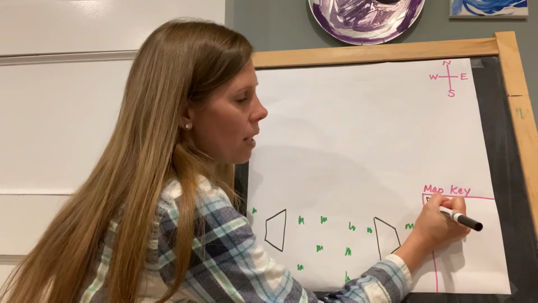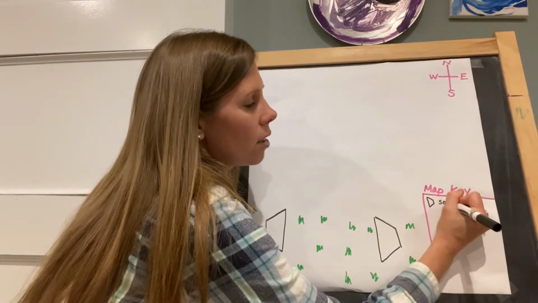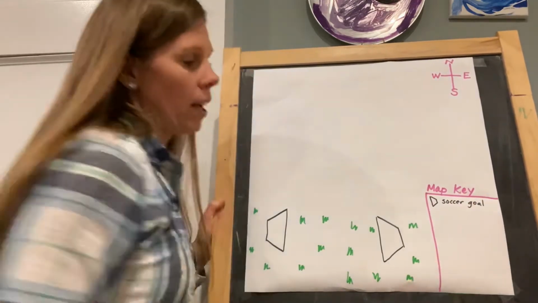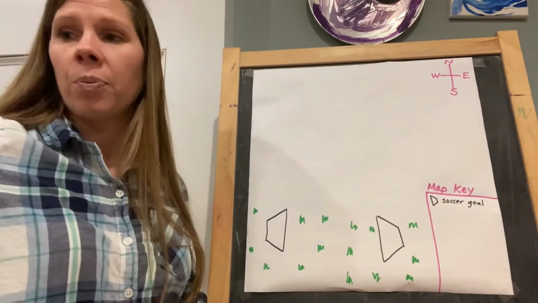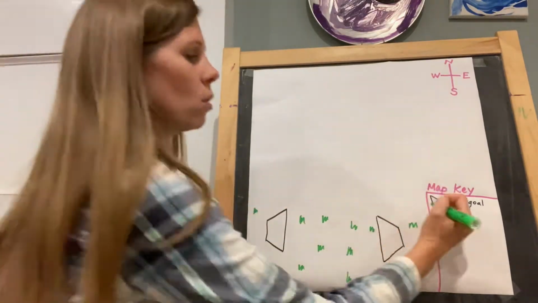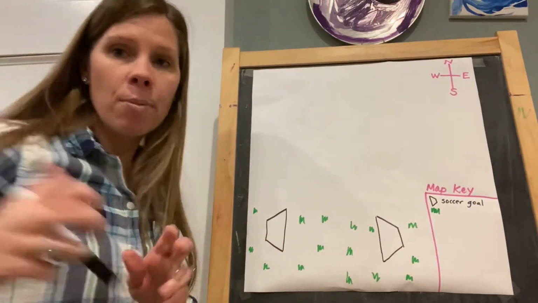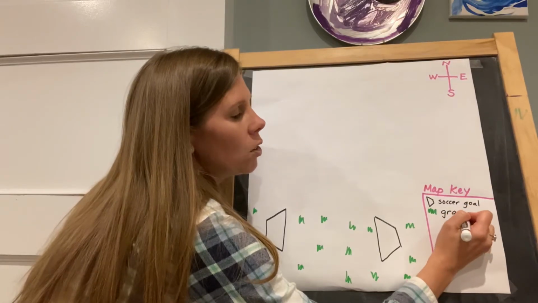Notice I used my black so that I know what it is. And I'm going to say soccer goal. Because somebody who's looking at my map might not be able to tell that that's a soccer goal. And let me draw my cute little tuft of grass. And I want everybody to know that when you see that little green squiggle, it's grass.